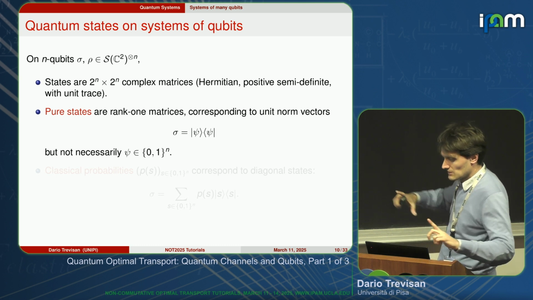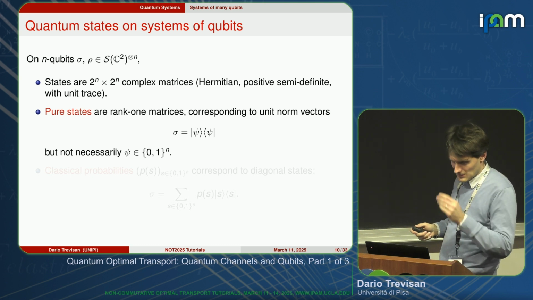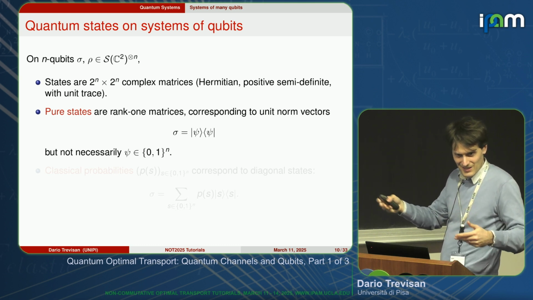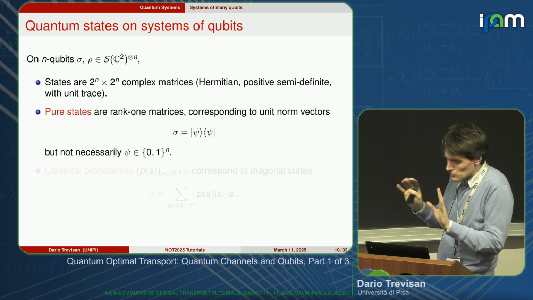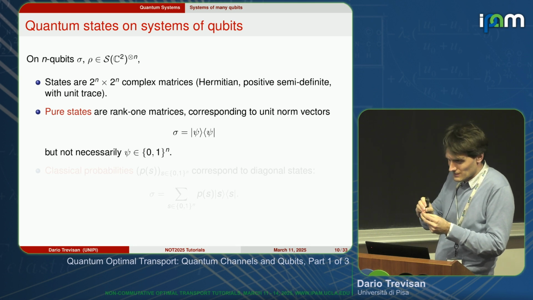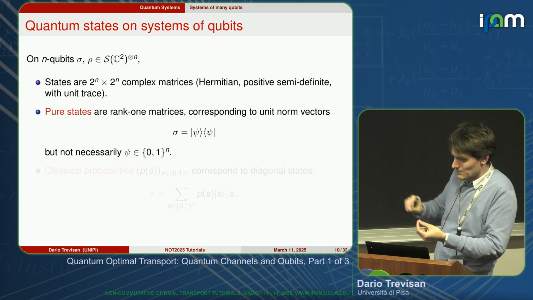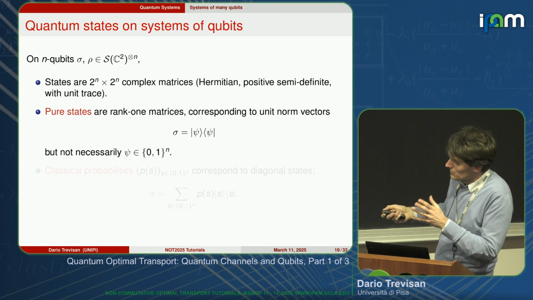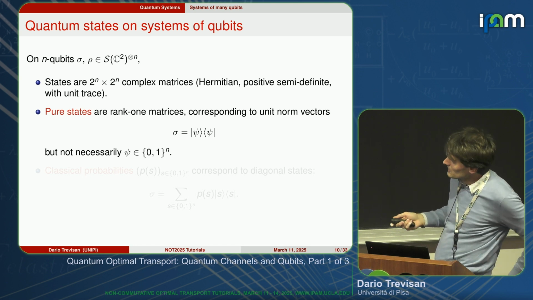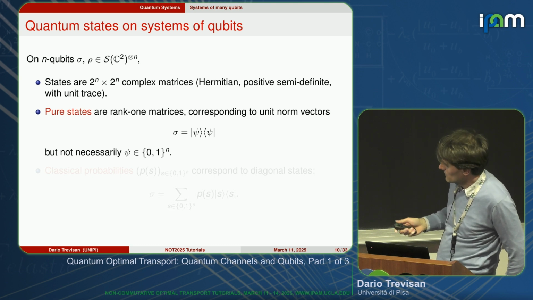But you see, they grow very easily, right? As yesterday, there was this example of 2 electrons, 3 electrons. If you're just focusing on qubits, which are even simpler than particles with a position in space, a velocity, and maybe a spin, essentially here we're just looking at the spins. So they still grow very, very much.